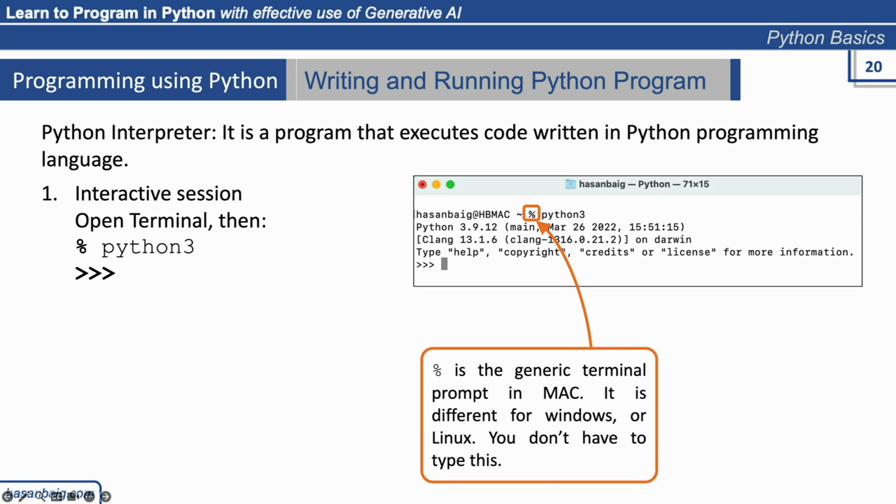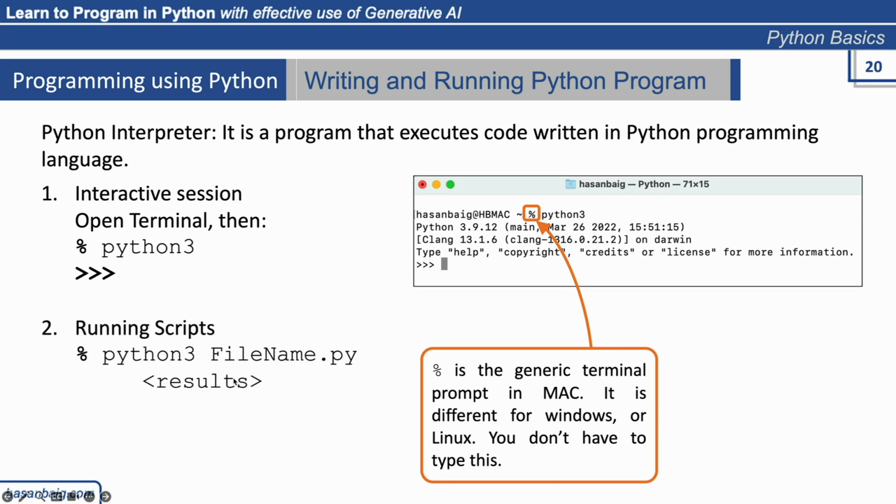The second way of writing a Python program is running scripts, writing the Python program in a file. Just like when you create a Word document, it is saved with the extension .doc, or an Excel document with .xls or .xlsx, similarly a Python file should be stored with the .py extension, so that the computer can identify that it's a Python file.